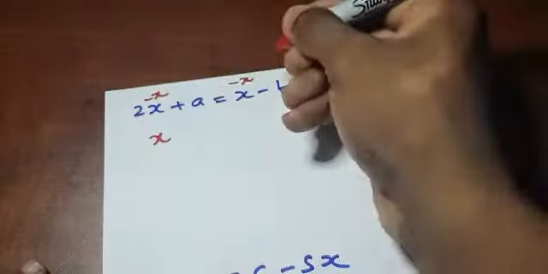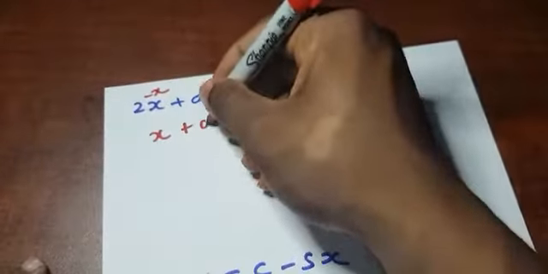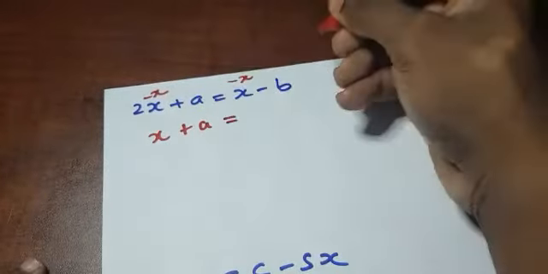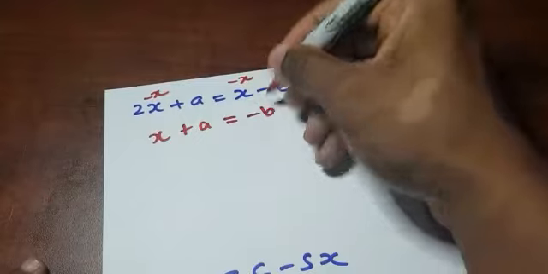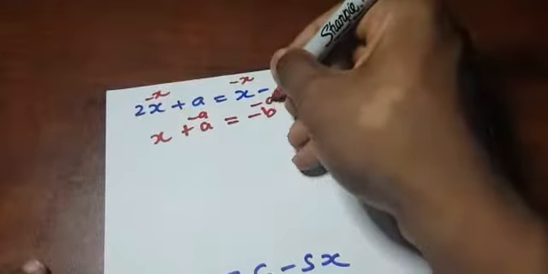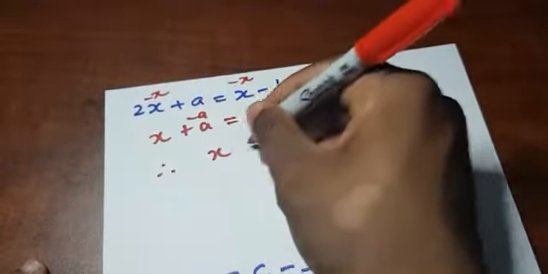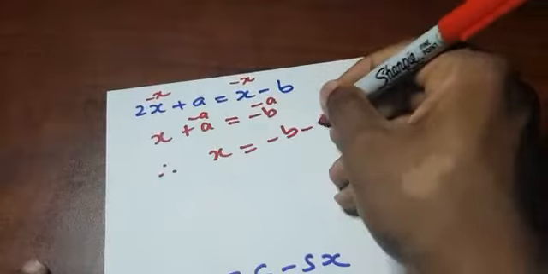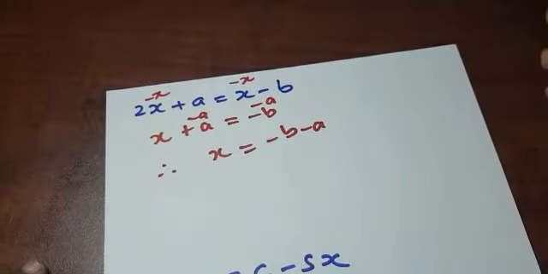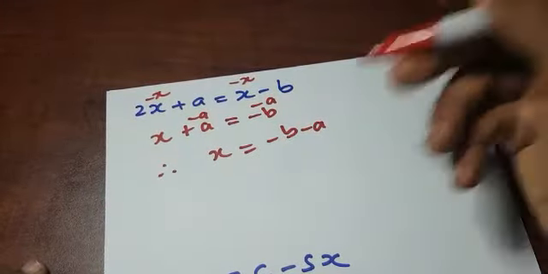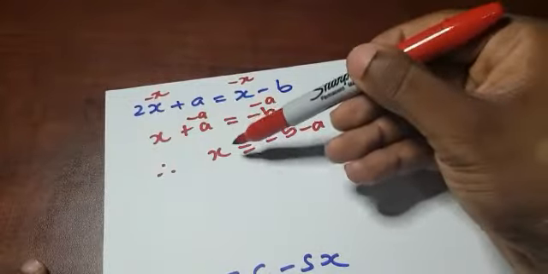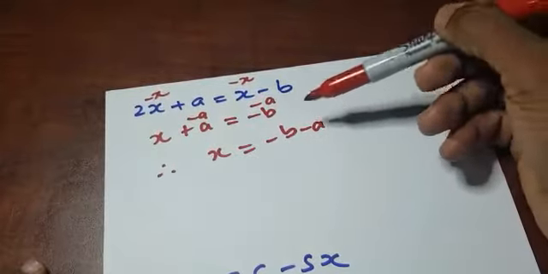Now we have x, and I'm going to actually go through step by step. From here, we can minus a from both sides. And now we have x is equal to minus b minus a. And we're finished with that question. So now we can say that x is the subject of the formula.